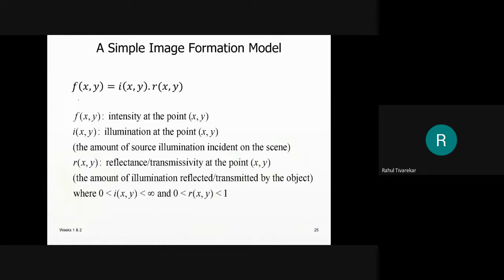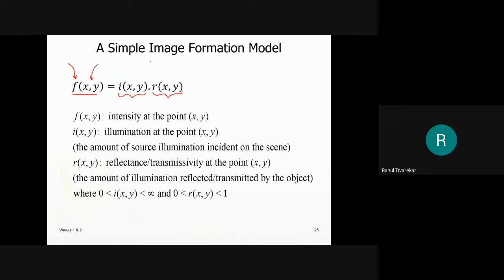So we saw those three things, and then we talked about the simple image formation model, in which I told you that the image is basically the intensity f at a coordinate x comma y, and that intensity at point x comma y is dependent on the incident light at that point multiplied by the coefficient of reflection at that particular area on which the light is incident.